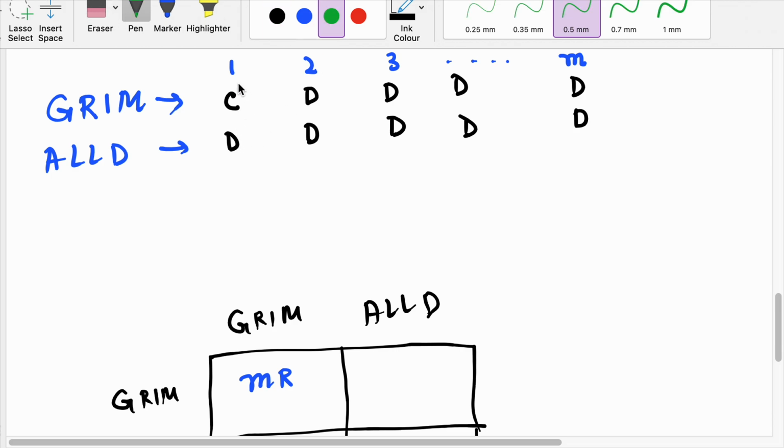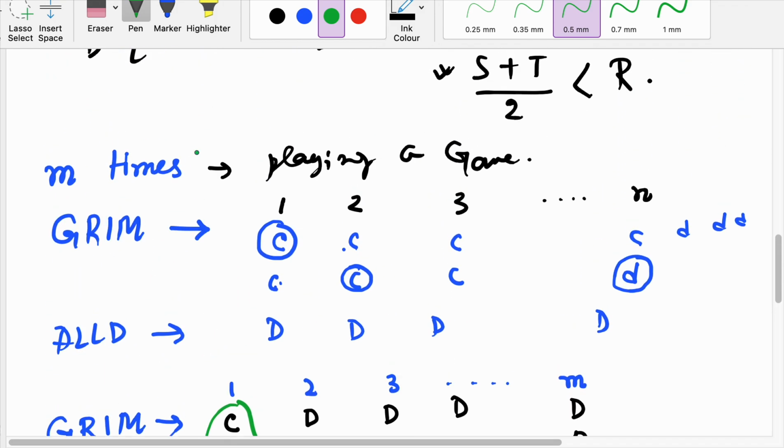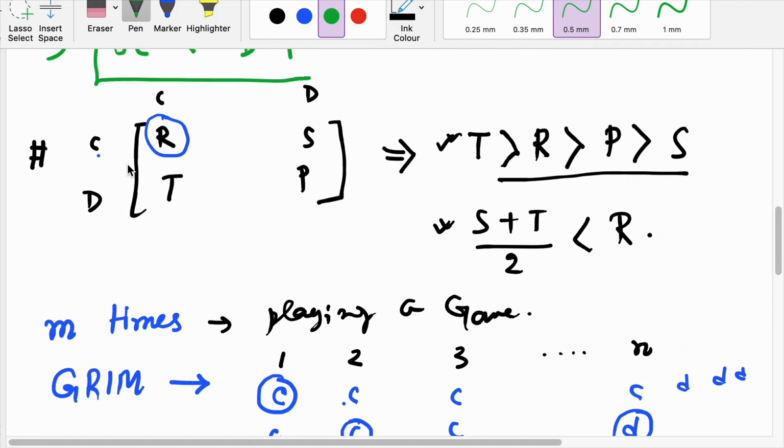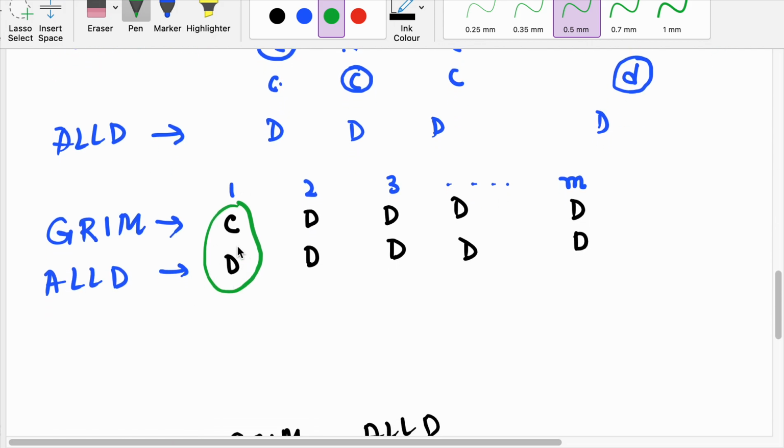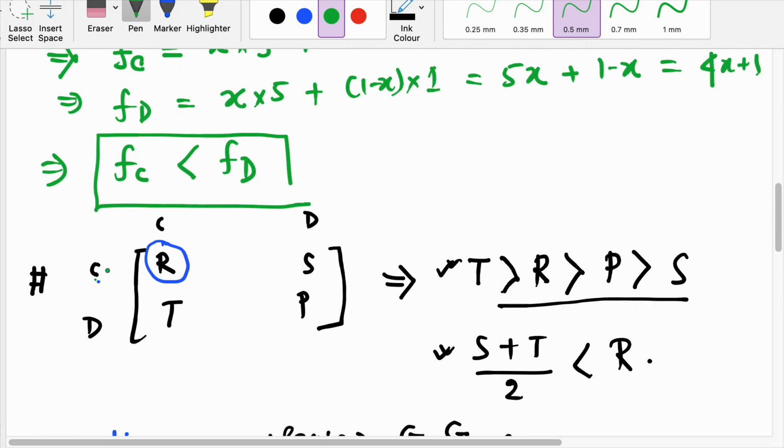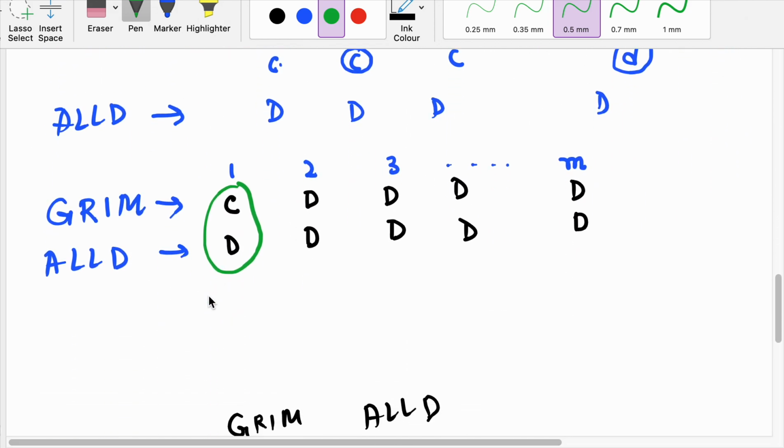In this round Grim is cooperating and the other player is defecting. How much will Grim get? S, because he is cooperating in this round and all D is defecting.